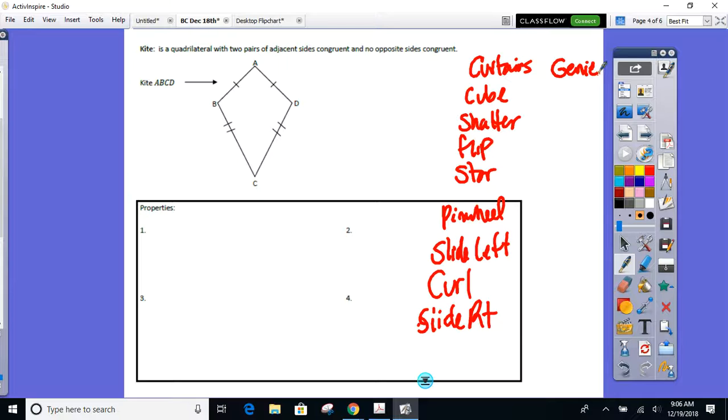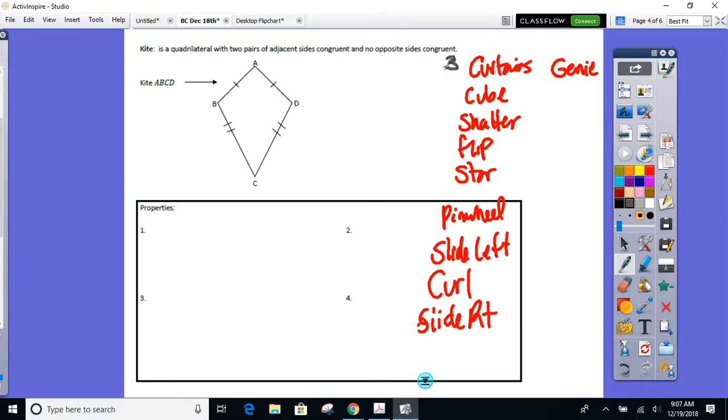Oh, all right, well. Let's get going here. Any others? Because we've got to get moving. Okay, curtains. Cube. Shatter.